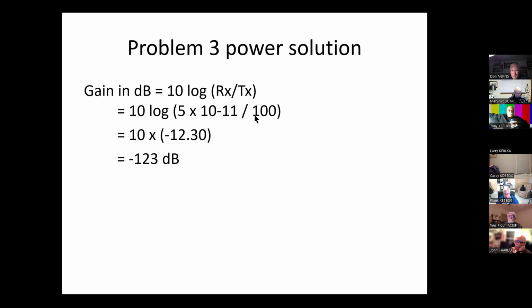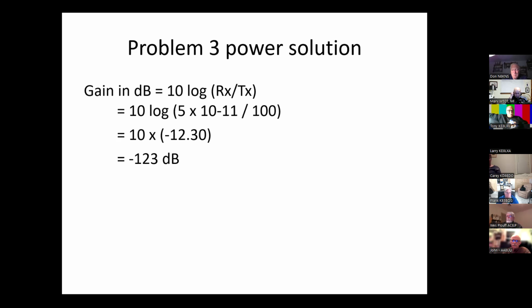And that works out to 5 times 10 to the minus 13th power. If you take the logarithm of that, you get minus 12.3. You multiply that by 10, and you get minus 123 dB. So the loss over that path is 123 dB, which is a huge amount.